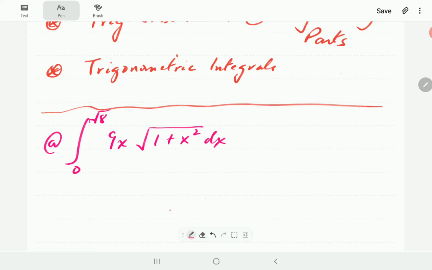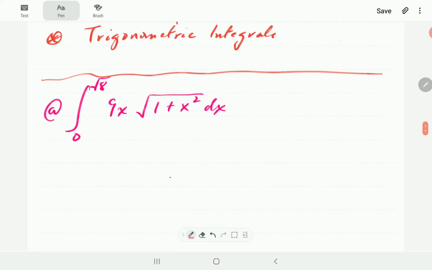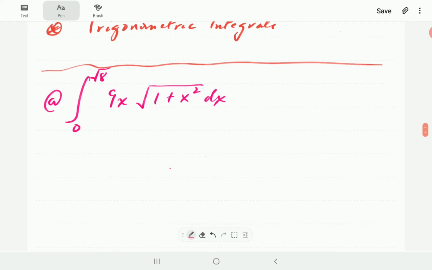So that's a hallmark feature of integrals that can be evaluated using u substitution. Just going to put the link for our videos on u substitution right now, which you can check so that you can get a better understanding of what we are talking about.